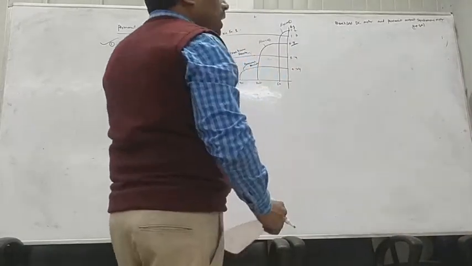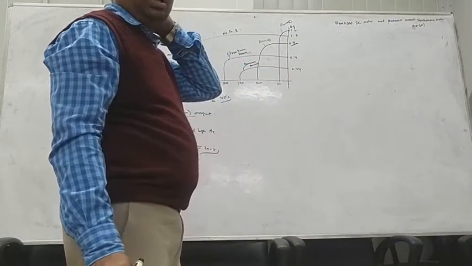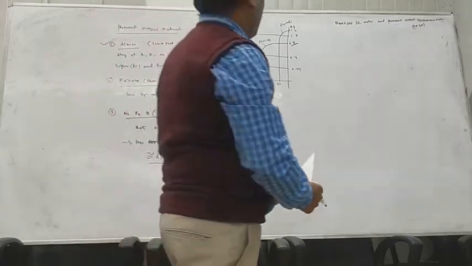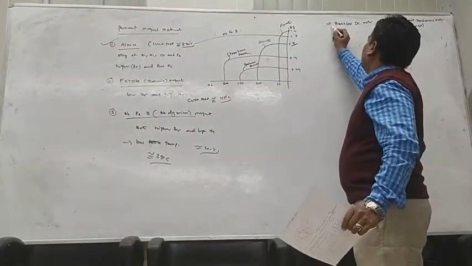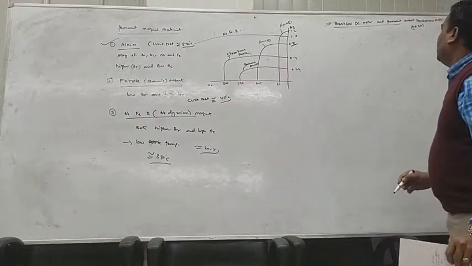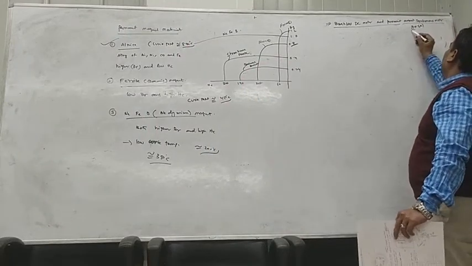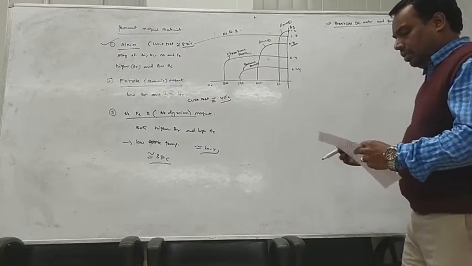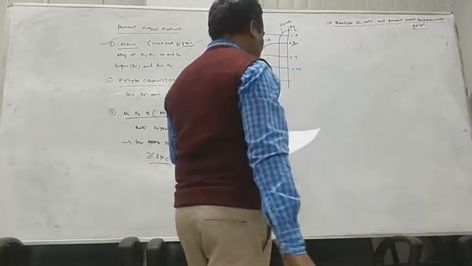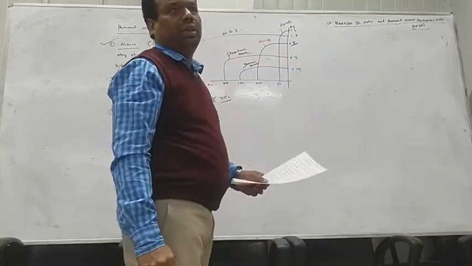Based on the field structure of the rotor, there are different types of motors. First we will discuss the brushless DC motor and permanent magnet synchronous motor. We can classify these motors based on the rotor surface.